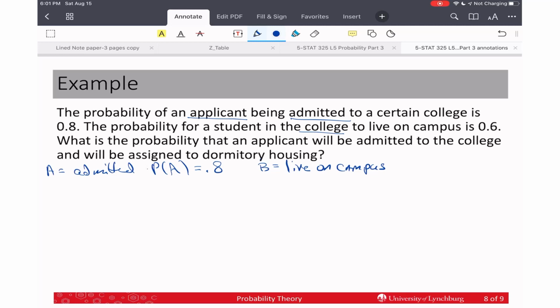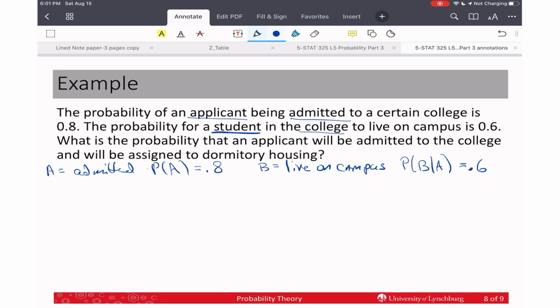That means they've already been admitted. So the probability that's given to us is the probability of B given A. That is 0.6. It's not the probability of just B. We've been given the probability that they live on campus given that they're a student. And it doesn't say given anywhere in there. So this is kind of a tricky problem as far as wording. You have to really think it through to be able to get this.